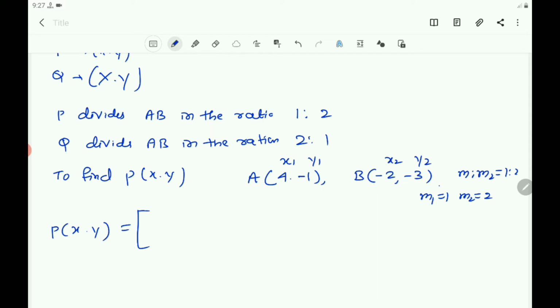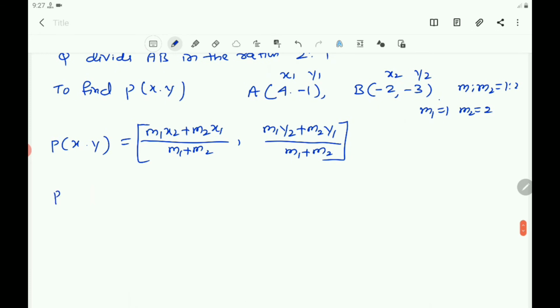Here the formula is (m1 x2 plus m2 x1) by (m1 plus m2) and (m1 y2 plus m2 y1) by (m1 plus m2).